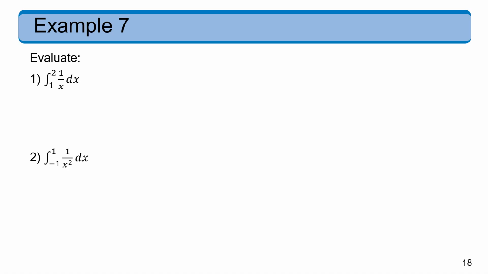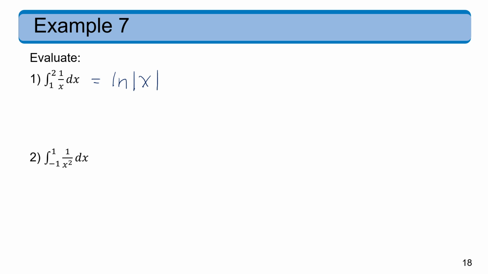We're evaluating some more definite integrals here. So in number 1, the function we're integrating is 1 over x. So the first thing we need to do is find an antiderivative of 1 over x. This is one that we learned. The antiderivative here is natural log absolute value of x.